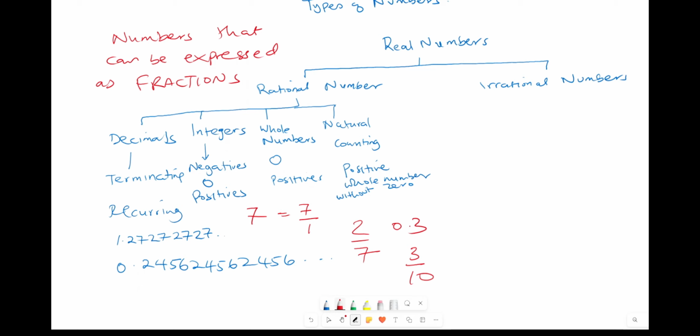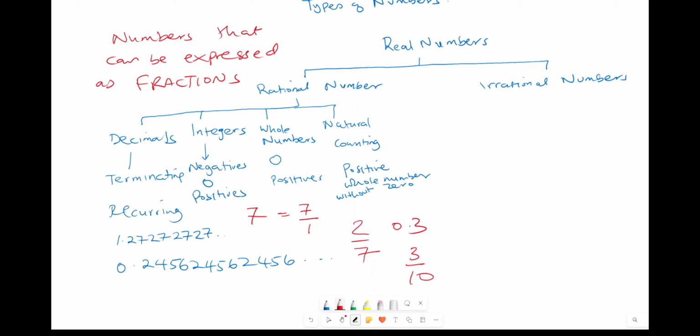A fraction is simply a number that is written as a numerator divided by a denominator. And we will be coming to fractions. If you recall the introduction of this topic, one of the subtopics that we will be looking at is fractions. So I don't want to digress so much into going into what fractions are.